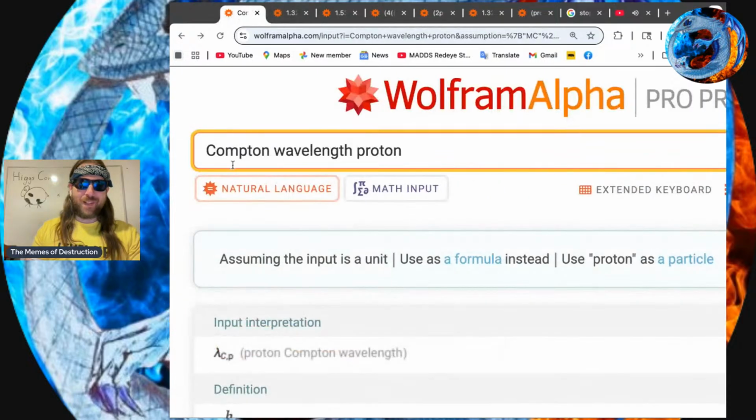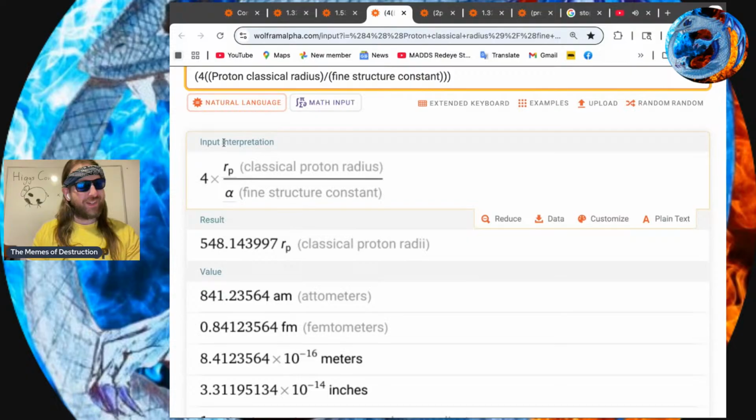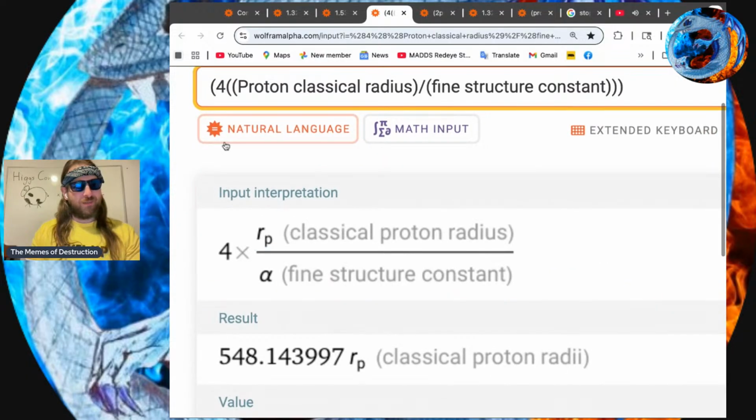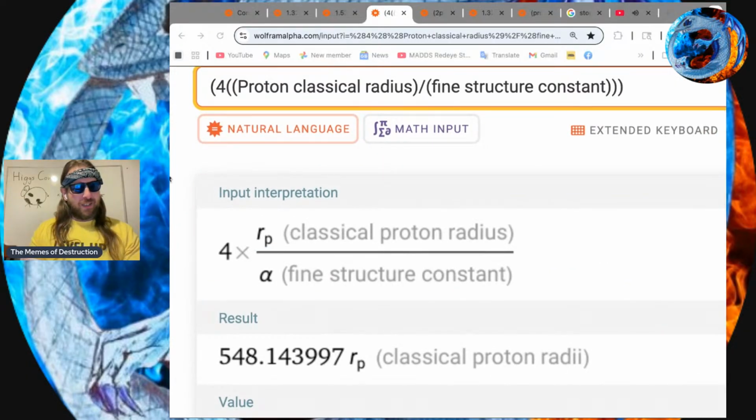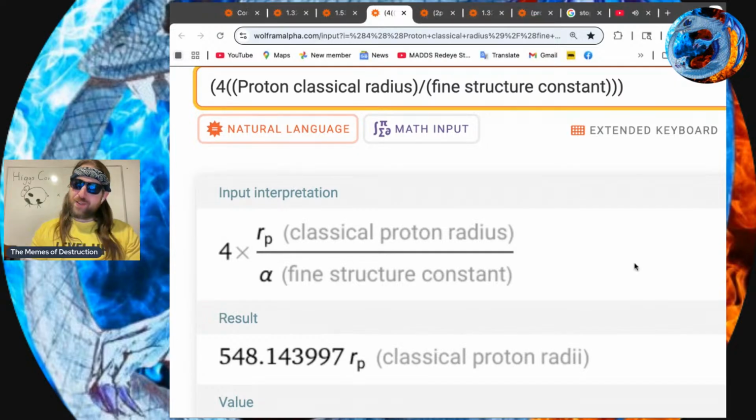So the question is, might there be an interesting ratio or something going on? Because in order to actually do this, doing it this way, I thought this was generating the Compton wavelength.